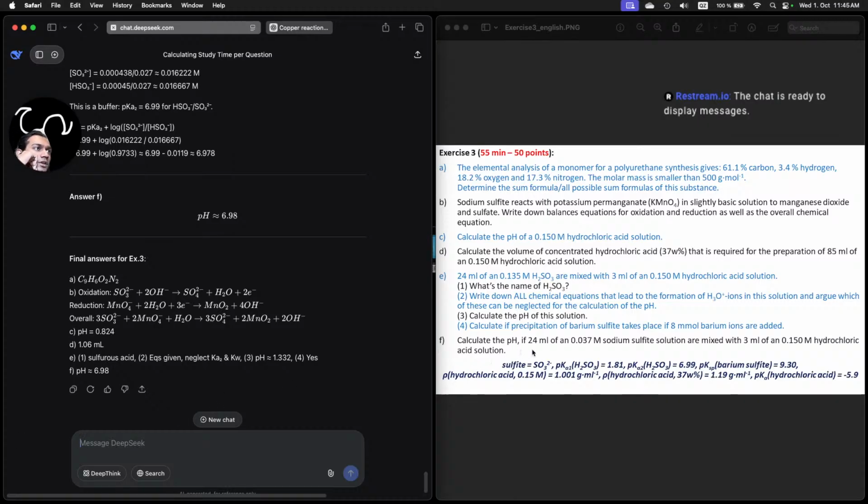Calculate the pH if 24 milliliters of 0.037 millimole sodium sulfide solution are mixed with 3 milliliters of 0.150 millimole hydrochloric acid solution. Okay.